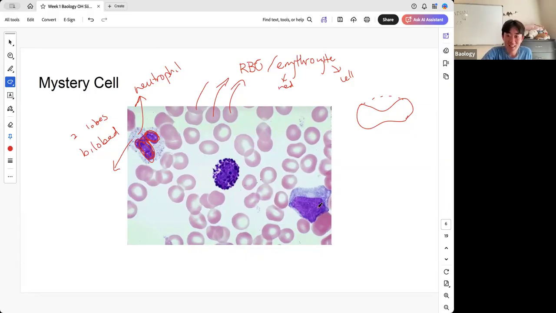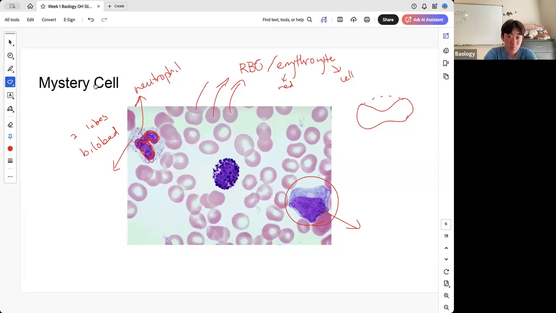And then let's talk about this cell. I have no clue what this cell is. Does anyone know? This is a lymphocyte? Okay, I trust people. Well, actually, let me look up what a lymphocyte looks like.